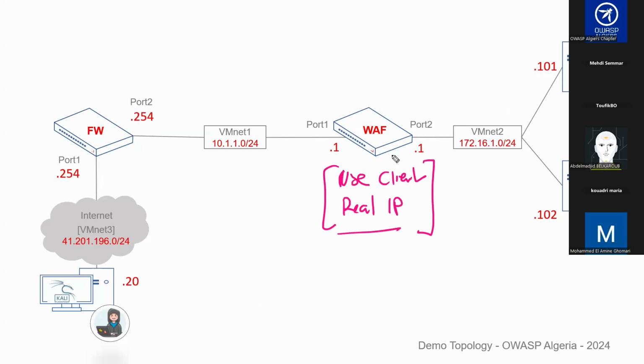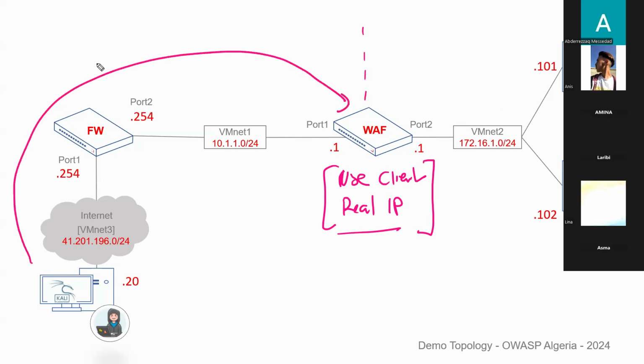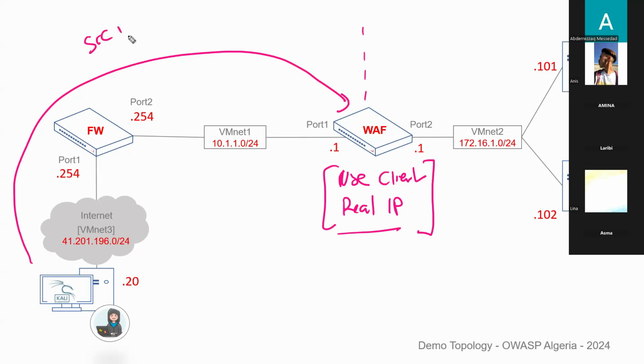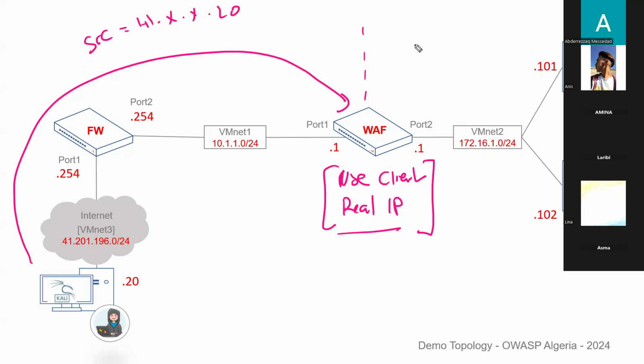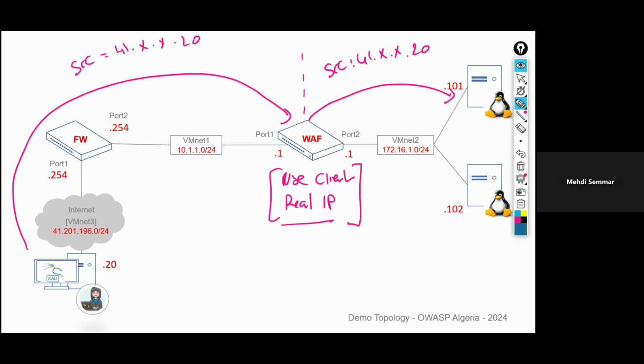When you use this feature, you are instructing the WAF that whenever it receives a connection from a client, so the source is the 41.x.x.20, and whenever it tries to reach out to the backend, even if it's a different IP connection, it will keep the same source. In reality, the WAF is just spoofing the source IP and using the real client IP. So you're just modifying the behavior of the reverse proxy deployment mode, because the basics of the reverse proxy is to use a new IP connection.